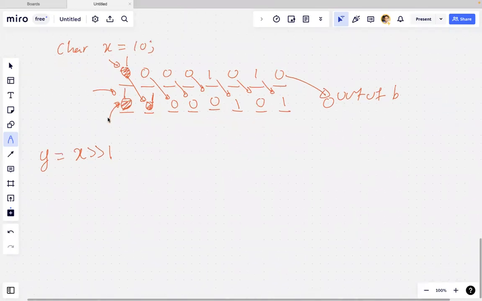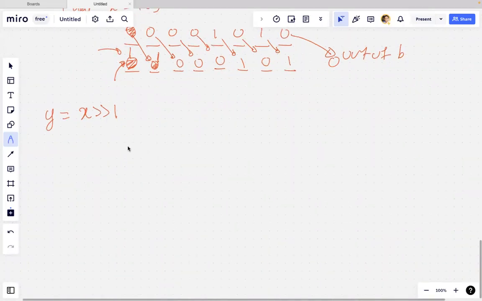Okay, for an example, let's say there is a value 1 2 3 4 5 6 7 8, 1 0 1 1 1 1 0 1. Let's say you need to shift by 1. Suppose that this is your x value.